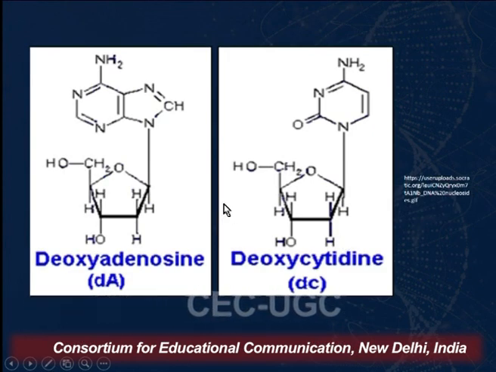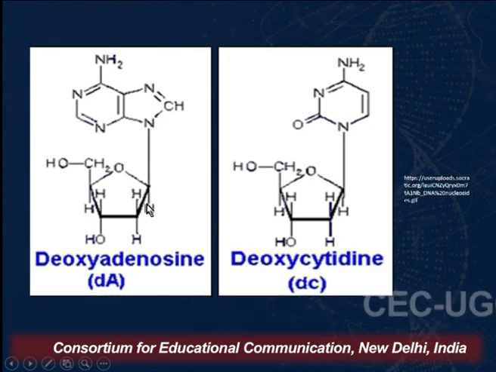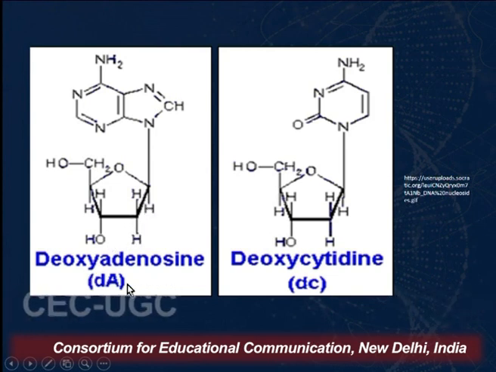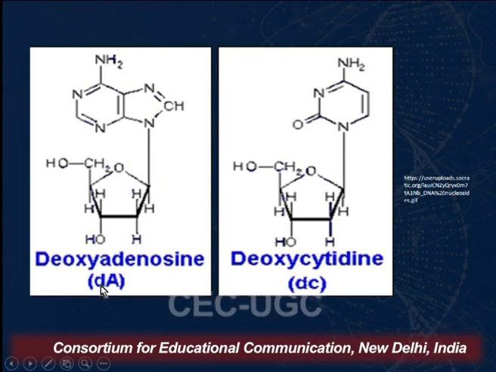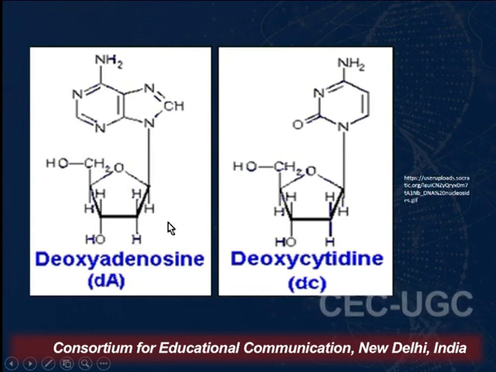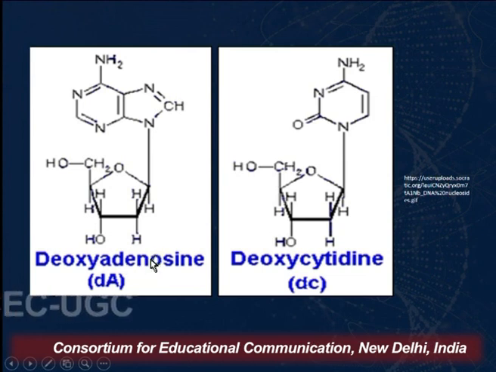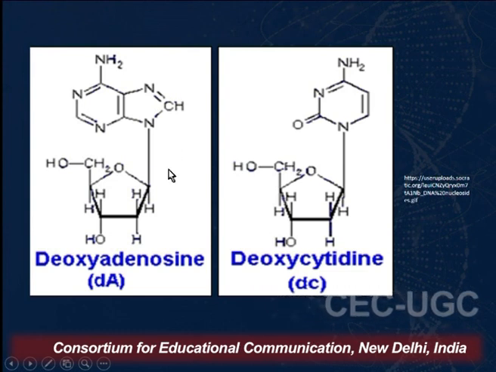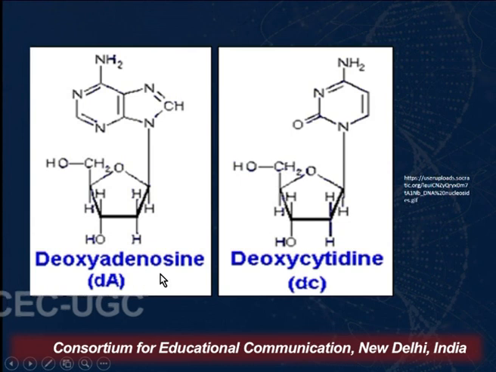Similarly, if the sugar is a deoxy sugar, the name will become deoxyadenosine. Here D is indicating that the sugar is deoxyribose sugar, and adeno is indicating that the nucleobase present here is adenine, and the name of the nucleoside is deoxyadenosine.